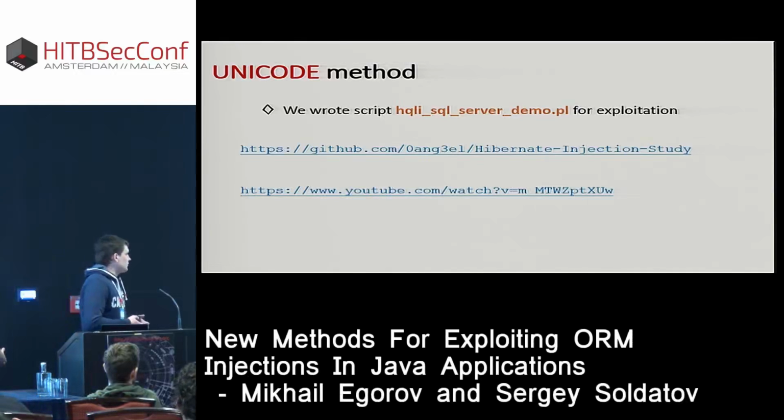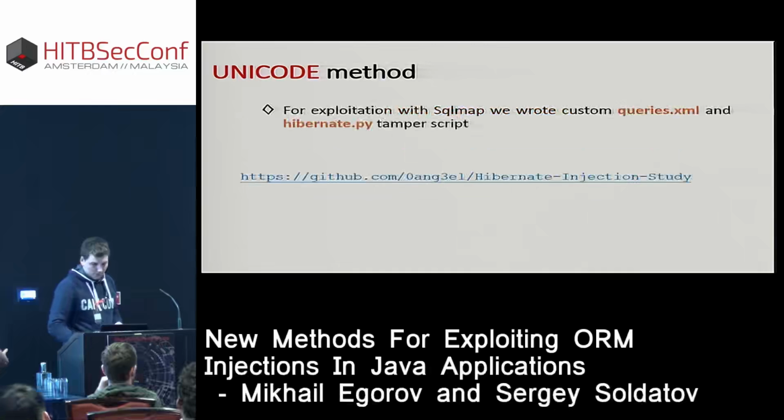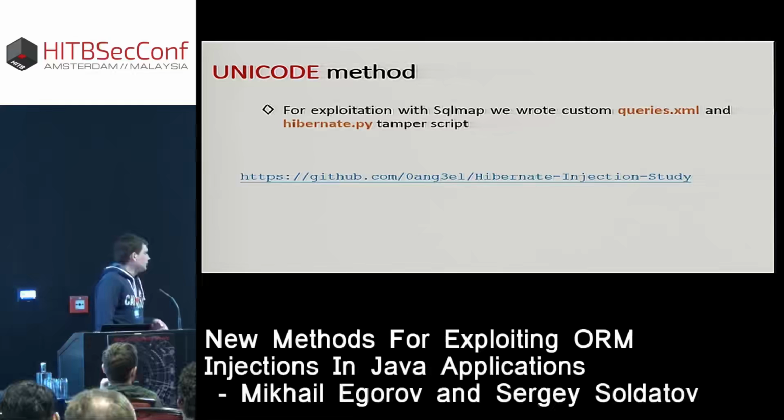So if you want to use it, you must tune it. It is available on GitHub, and you can watch the video on how it works. But we did not give up and decided to tune sqlmap. We wrote a hibernate.py tamper script and modified the queries.xml file. You can find these two files on GitHub.